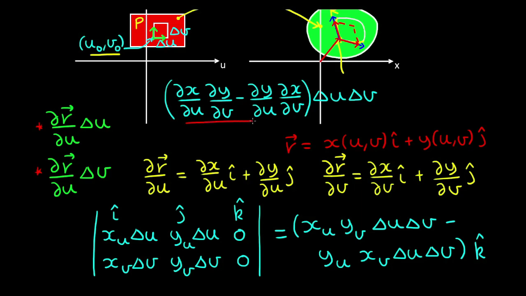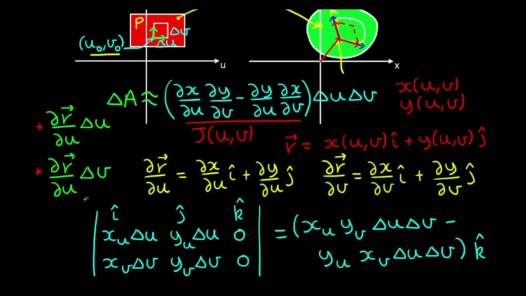And this quantity here is the Jacobian of the coordinate transformation of x of u and v and y of u and v. And this entire expression, being the cross product between these two vectors, gives an approximation to our area element in the xy plane.